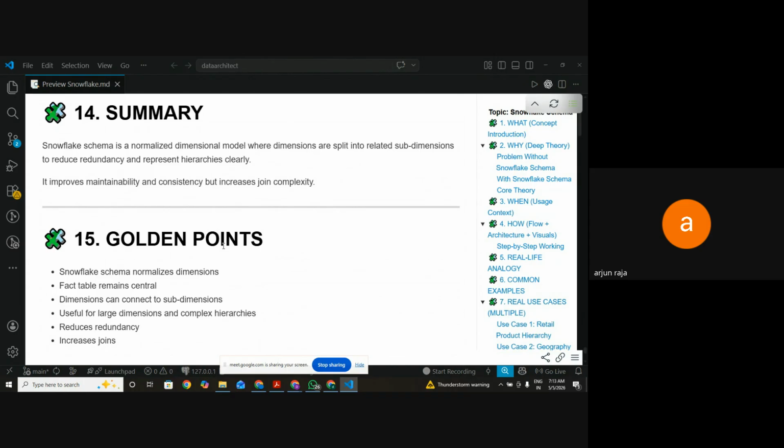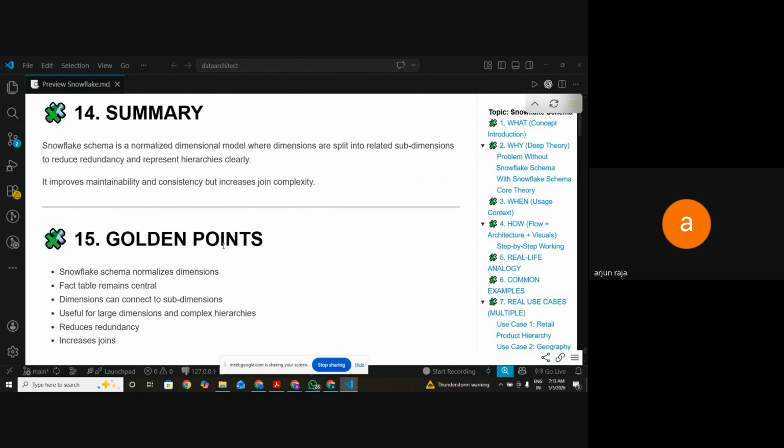Summary: Snowflake schema is a normalized dimension model. Star is denormalized, and denormalized means there is a lot of redundancy. Snowflake schema is a normalized model because dimensions are split into related sub-dimensions to reduce redundancy and represent hierarchies clearly.